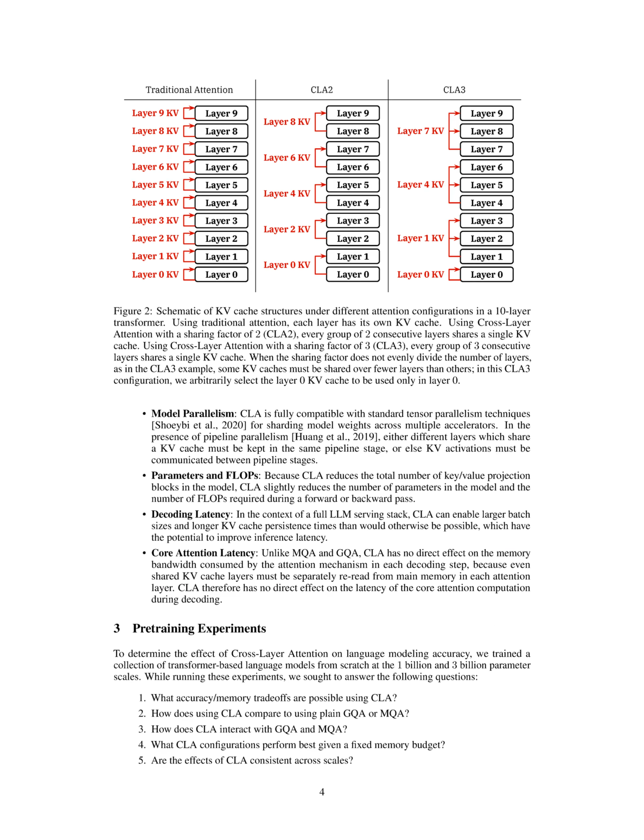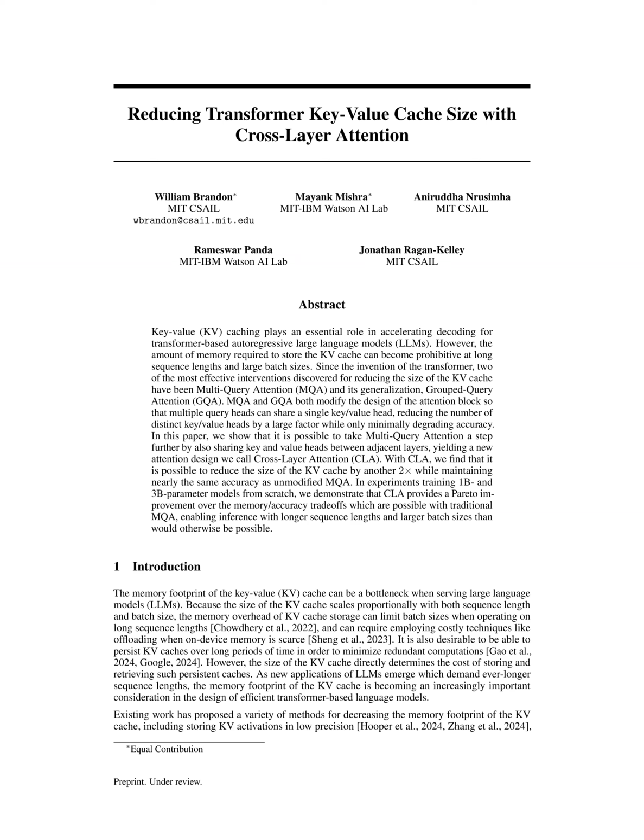Additionally, CLA slightly reduces the number of parameters in the model and the number of floating-point operations, flops, required during training and inference. It enables larger batch sizes and longer KV cache persistence times, potentially improving inference latency.